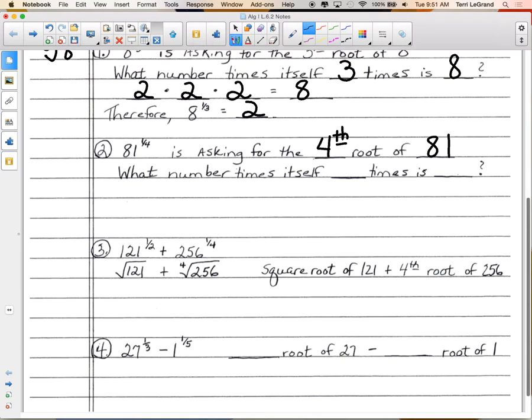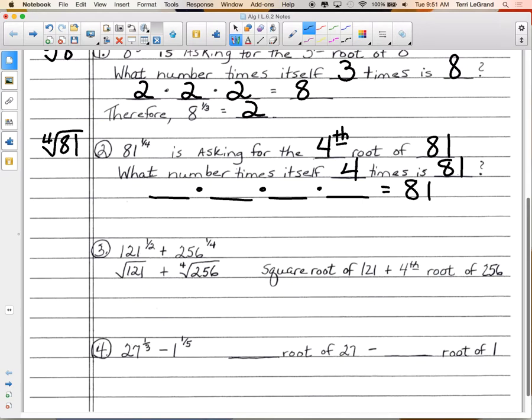So again, another way this can be written is the 4th root of 81. So we have to find what number times itself 4 times gives us 81. So it's basically you're going to show it like this. I need 4 of the same factor that in the end, the result would be 81.